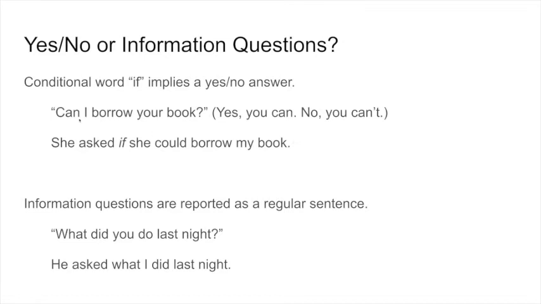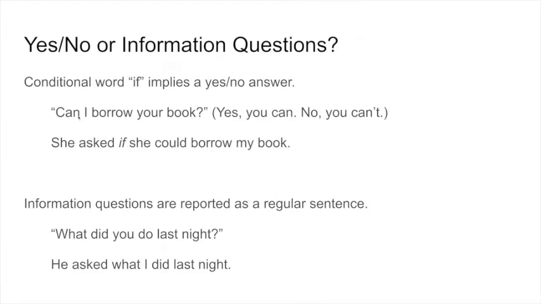So we're going to change first I, because she's talking. When I report it, I'm going to change it to she because I'm not talking. She's not talking anymore. I am talking. So I is going to become she, and can is going to become could. Notice how we have the affirmative word order. Instead of can she or could she, we're going to do she could. Remember, affirmative word order.